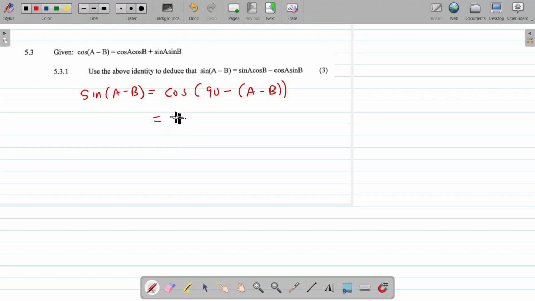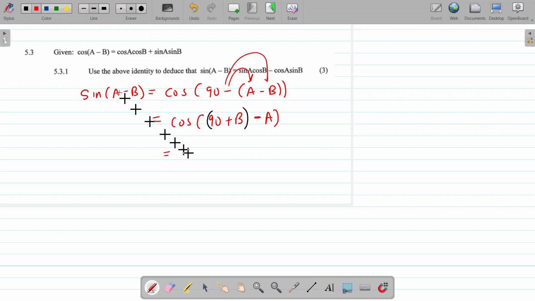Now what I'm going to do is say cos of 90 plus B minus A, because this minus multiplies the A and it multiplies the minus B as well. It gives me positive B, and then I have the minus A there. Now this 90 plus B, I'm going to bracket it so that it acts as one angle.